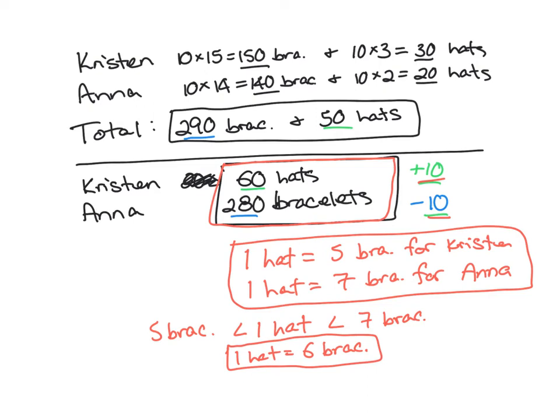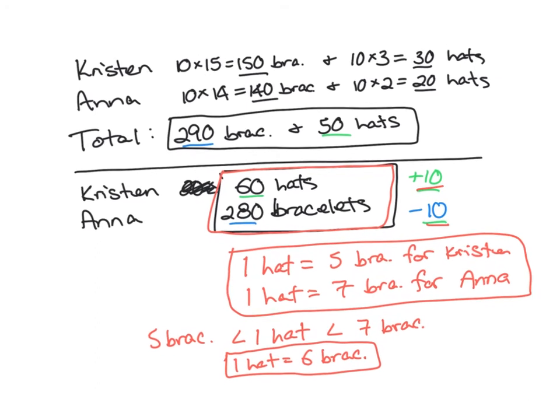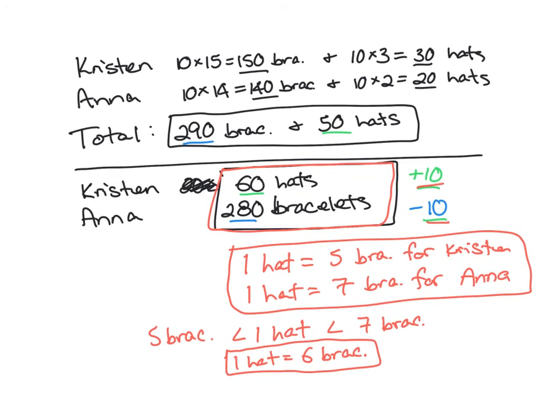So let's say they decide to trade 20 hats for a total of 6 bracelets per hat, so 120 bracelets. Okay, so they're trading 20 hats for 120 bracelets.